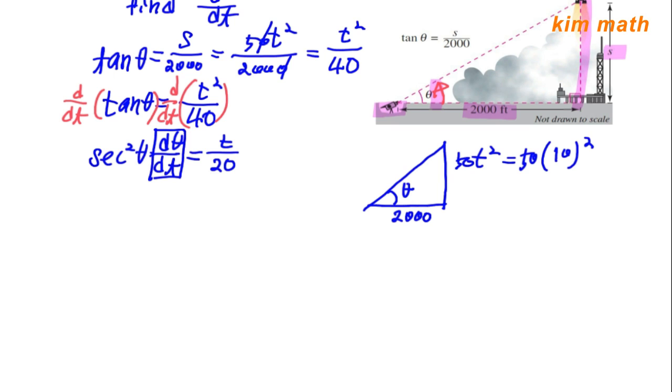Now it's time to find secant squared theta at time equals 10. Now this is the constant state. Here this is 2000. s is 50 t squared. Now t is 10, so 50 times 10 squared, which is 5000, right?